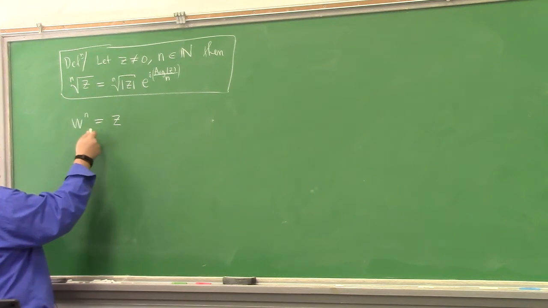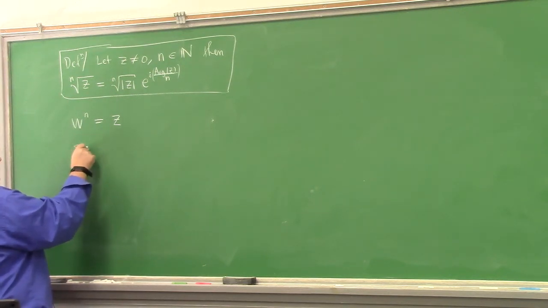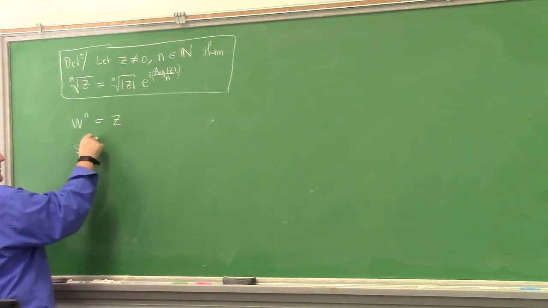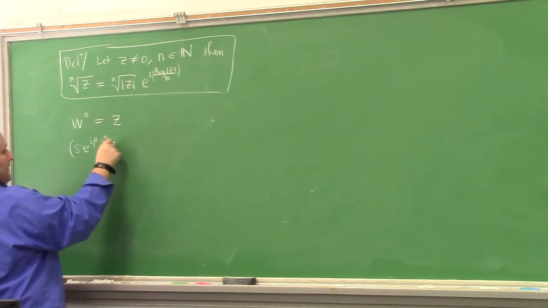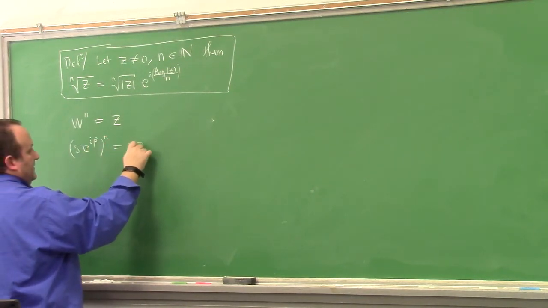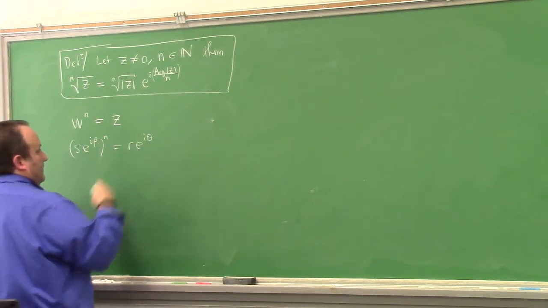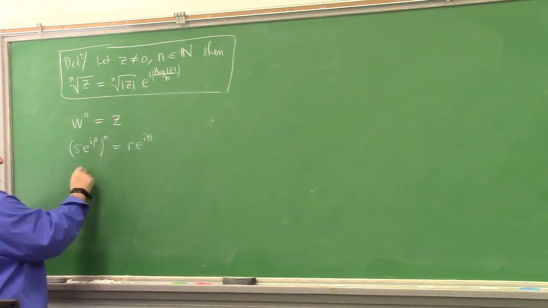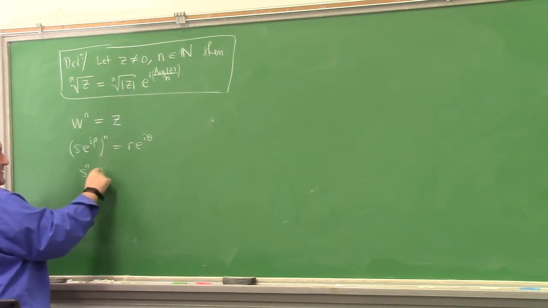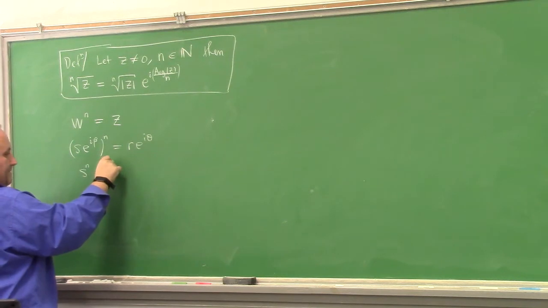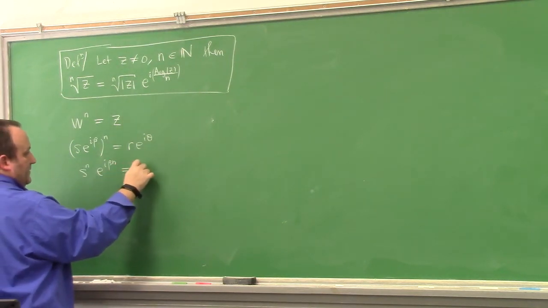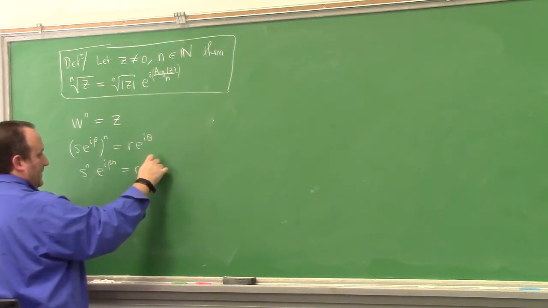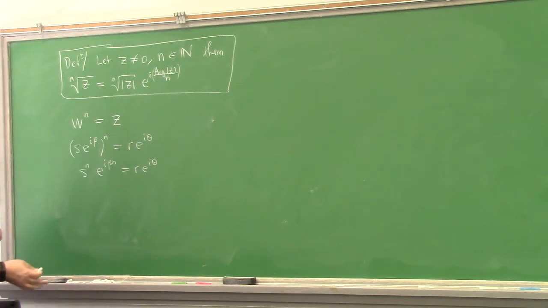So if w is s e to the i beta, and z is r e to the i theta, that gives us s to the n e to the i beta n equals r e to the i theta. So when you're solving an equation involving polar form, think about it.